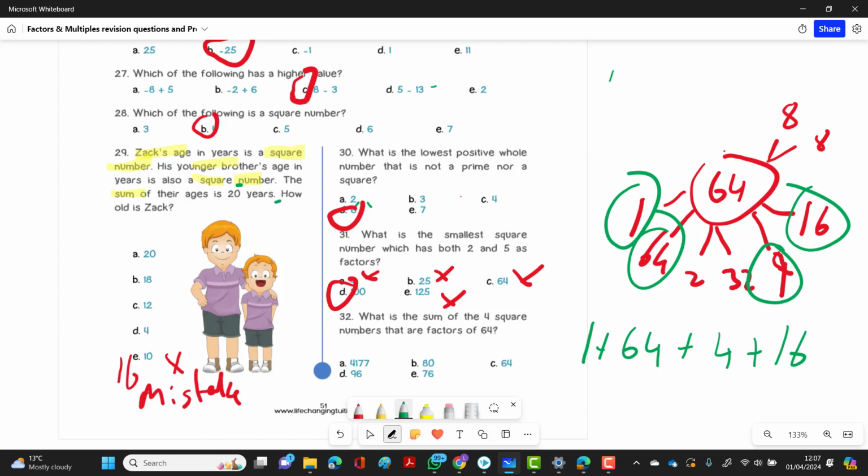So the sum of the four square numbers that are factors of 64, I made that 85. So I think there's a mistake here. Mistake. Okay, get it changed.